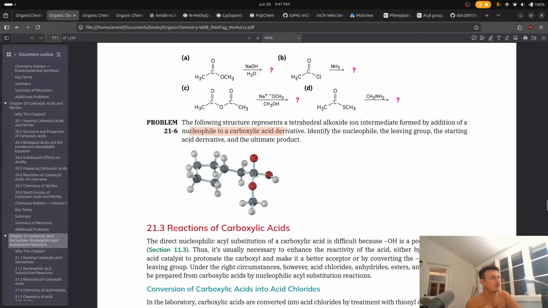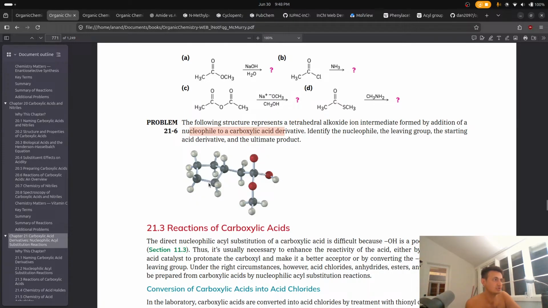Oh, I already forgot how you name it. I think it needs to be 2-methyl cyclopentyl. 2-cyclopentyl ethan... Oh, wait. Ethanoate. Methyl 2-cyclopentyl ethanoate. Acetate.